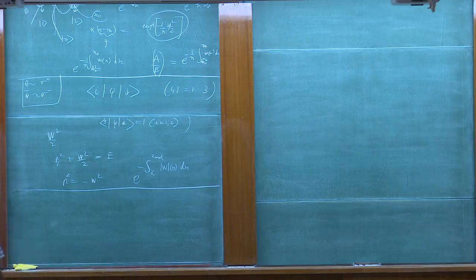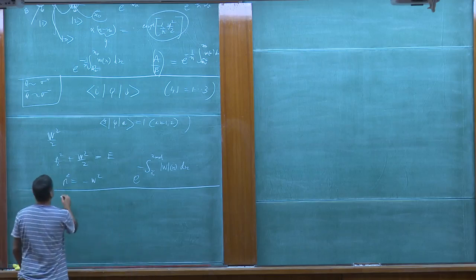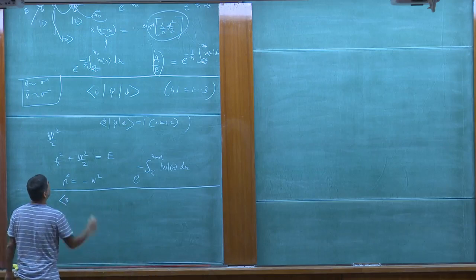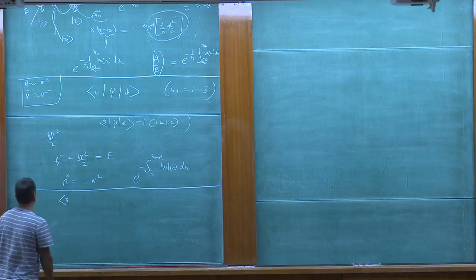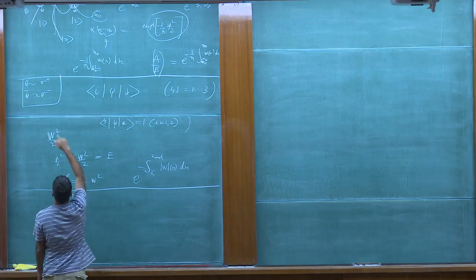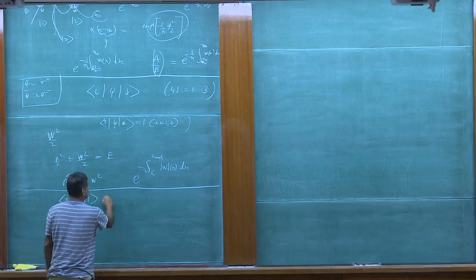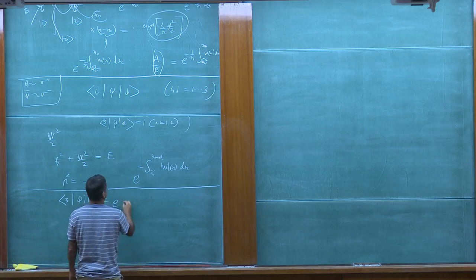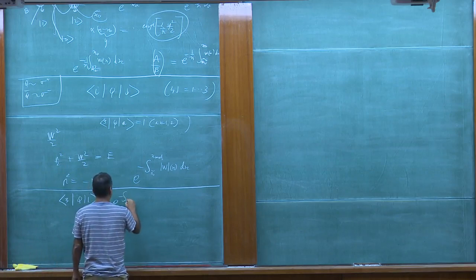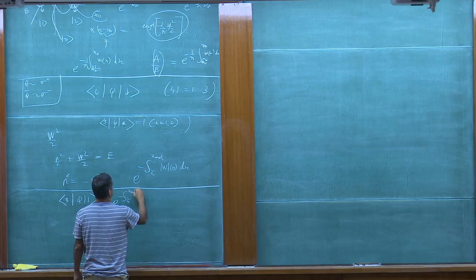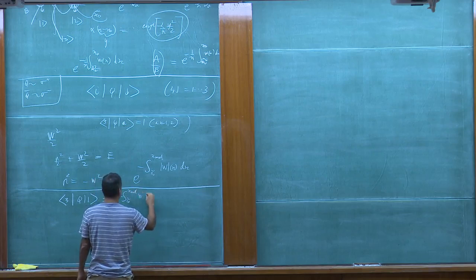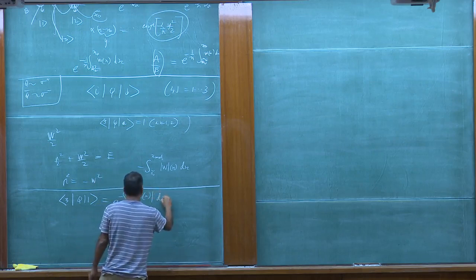Okay. And so what we've concluded so far is that the amplitude to go from 3, we call that 1, so Q1 is equal to e to the power minus the integral from x naught tilde to x mid of mod W of x dx.